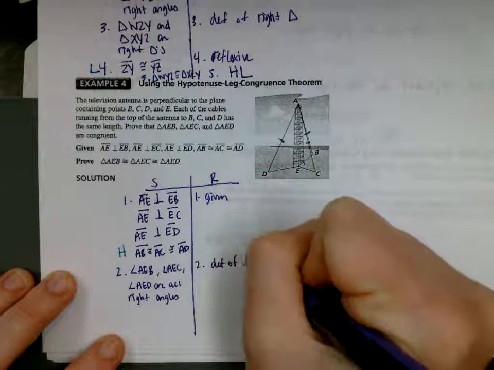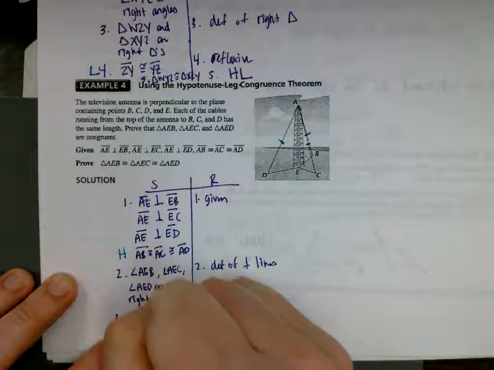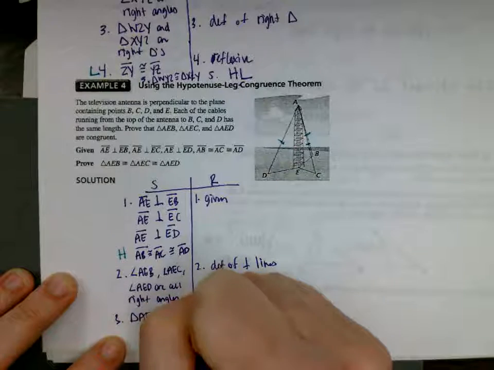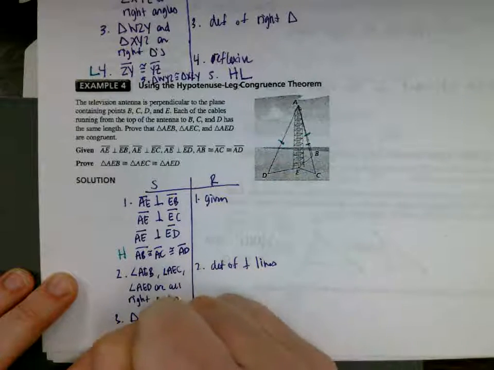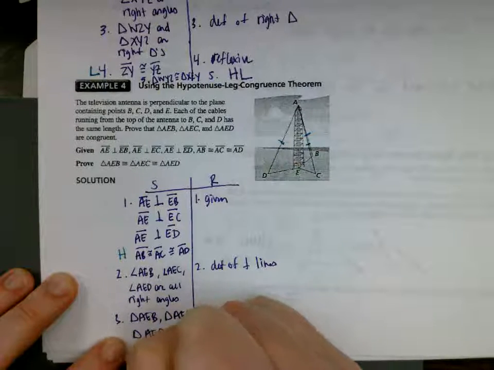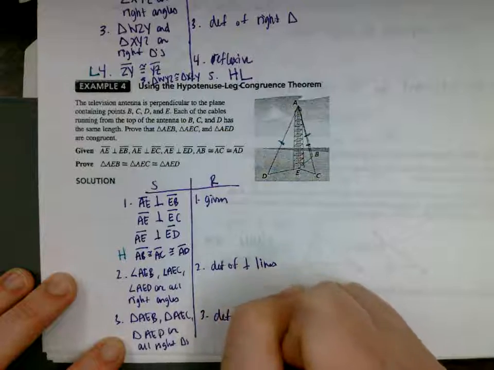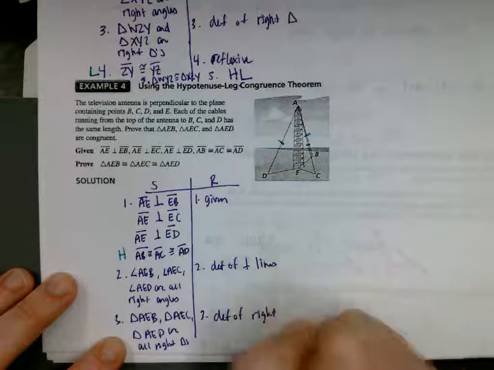Definition of perpendicular lines. So then I know that triangle AEB, triangle AEC, and triangle AED are all right triangles. Definition of right triangle.